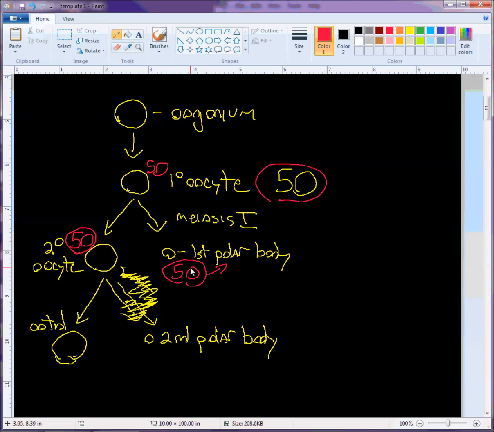And how many ootids are going to be formed? Okay, so when 50 secondary oocytes divide, we're going to get 50 ootids and 50 second polar bodies.